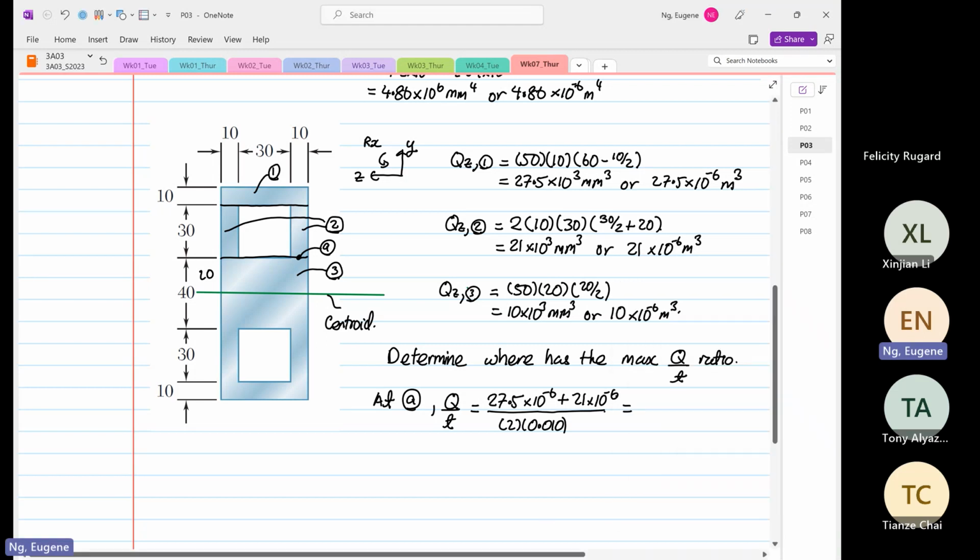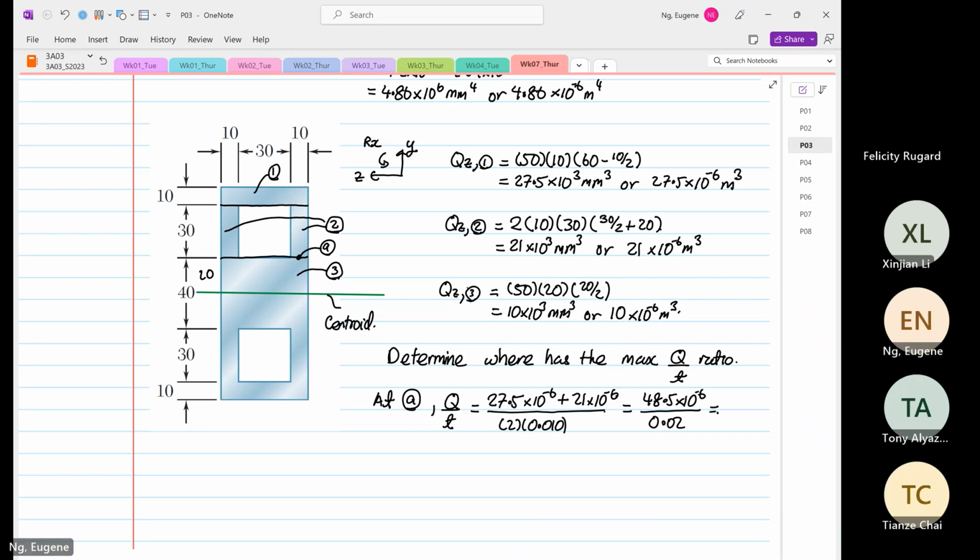So 27.5 power minus 6 plus 21 power minus 6 is equal to 48.5 times 10 to the power minus 6 divided by 0.02.